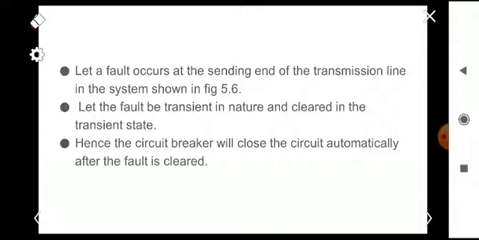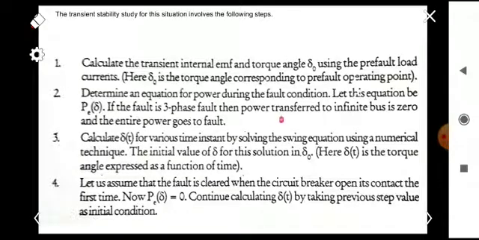The transient stability study for this situation involves the following steps, around six of them. The first step is to calculate the transient EMF and the torque angle delta 0 using the pre-fault load currents. Here delta 0 is the torque angle corresponding to pre-fault operating conditions.